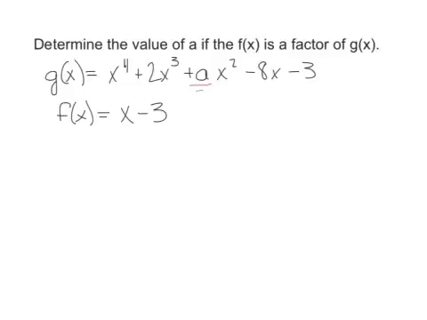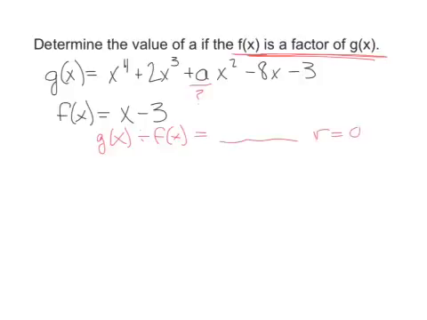That's my ultimate goal. What number can I put in there? Since we know that f of x is a factor of g of x, when I divide g of x by f of x, I know that I'm going to get some function with a remainder of 0.